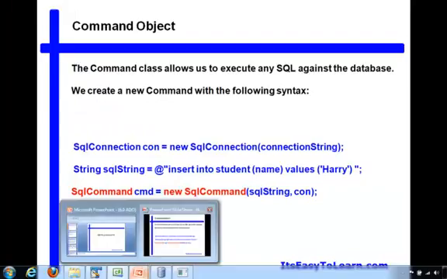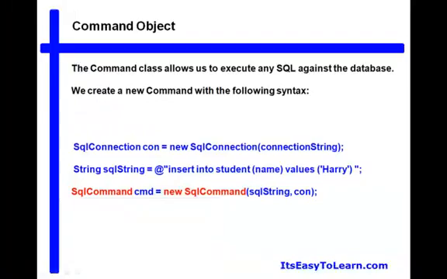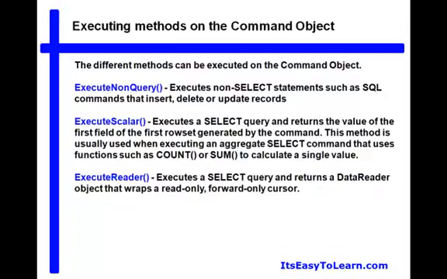So let's go back to our learning. The command object allows us to execute any SQL against the database, and using a connection string and the connection object we form a SQL command. A SQL command can allow us to execute either a non-query, scalar or a reader. A non-query is used to execute statements such as commands that insert, delete or update records.